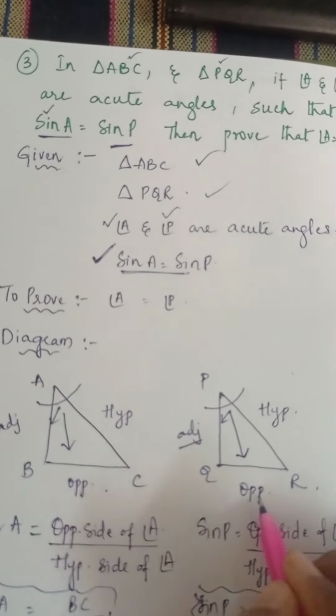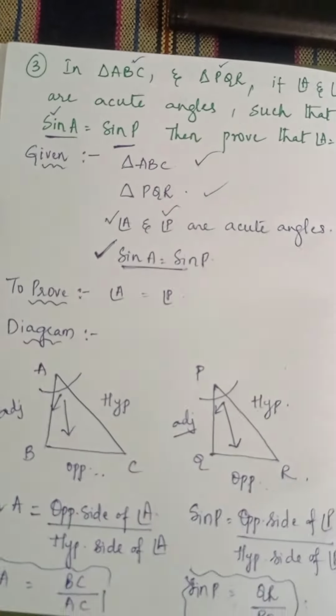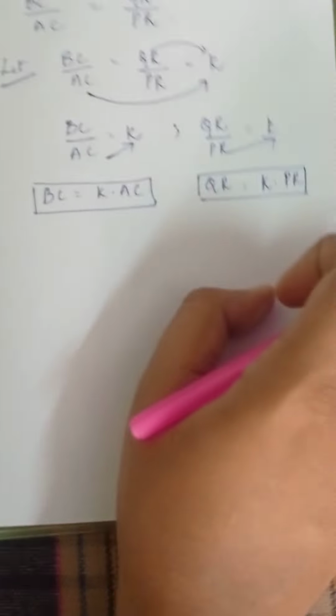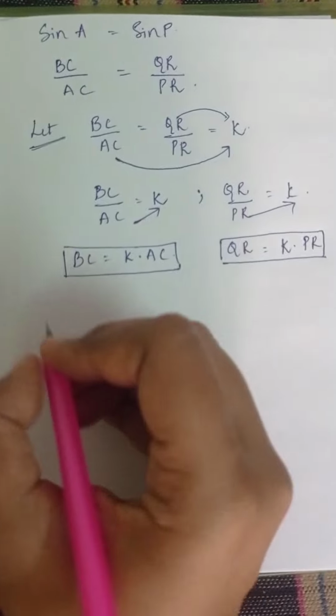BC and QR are the opposite sides of the triangles, right? And now we are going to find the adjacent sides.